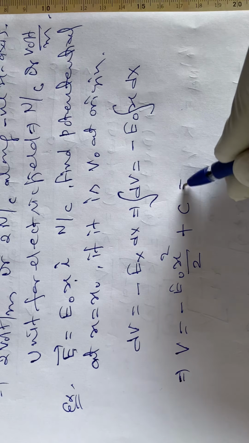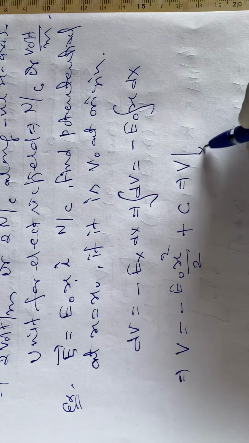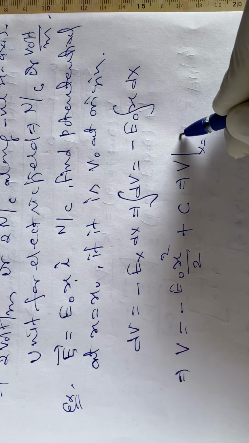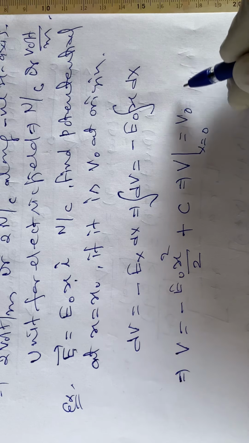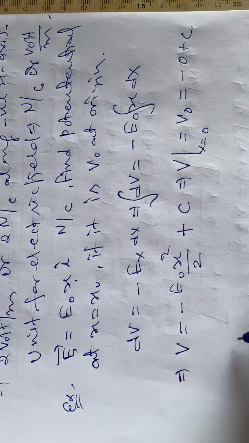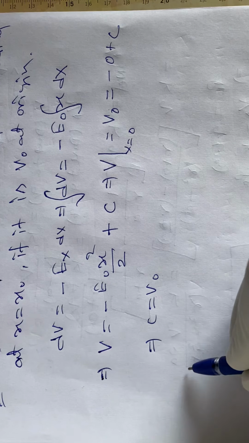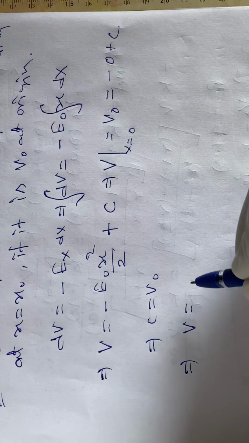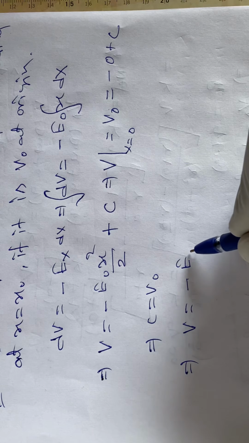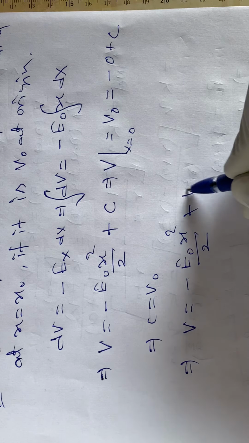Now it's given that V at origin, that is at x equals 0, is V naught. So minus 0 plus c, that implies c equals V naught. So the general expression becomes V equals minus of E naught x square by 2 plus V naught.